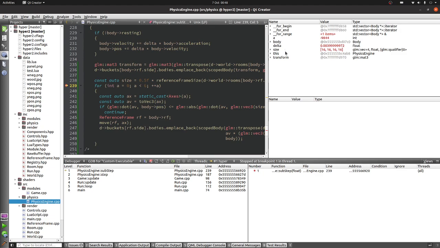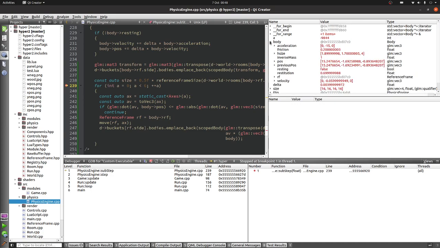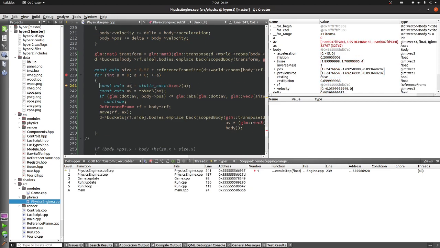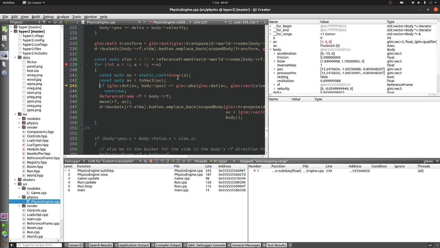So the size is 16, 16, 16, 16 because it is indeed a cube. This body that we're looking at is our picnic table. It's right at 15 on the x-axis, so that's good. So the very first one in here, positive x, AV is 100. So dot AV and body pos, well, that will give you 15.27.